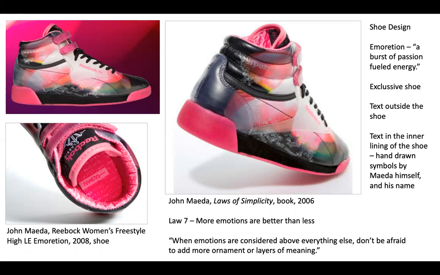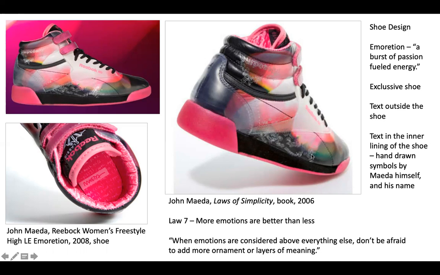But I will tell you that John Maeda created a shoe for Reebok called the Emoretion, and he essentially painted it pink and black. It is a shoe that appears like spray paint. It's probably not spray paint, but it looks like spray paint in my opinion, right?